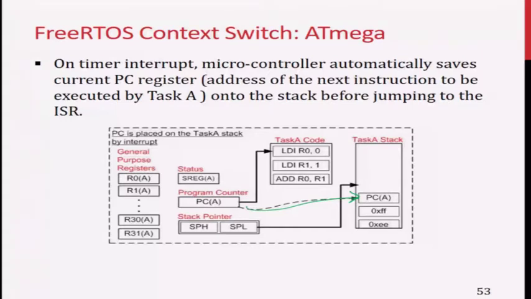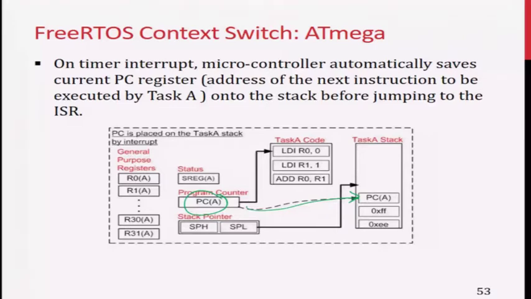So I'm going to now suspend task A. Since I'm suspending task A, the program counter value of task A is pushed onto the stack. So I know this is where I left off in task A. If later I get a chance to come back, I know where to carry on, because I will retrieve this information from the stack of task A.